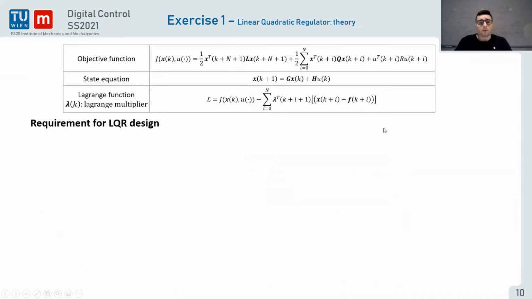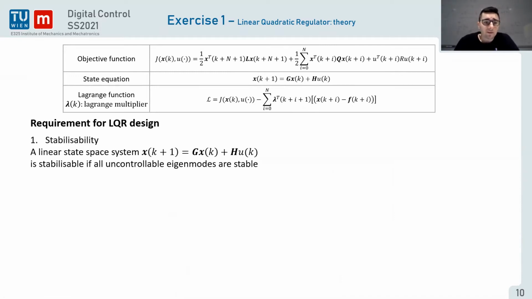there are some requirements for this LQR design. The first requirement is the so-called stabilizability. Stabilizability means that if you have a linear state space system, all the uncontrollable eigenmodes should be stable. If there's an uncontrollable eigenmode that is not stable, we cannot apply LQR. If the system is controllable, all eigenmodes are controllable, so we do not even need to look at stabilizability.